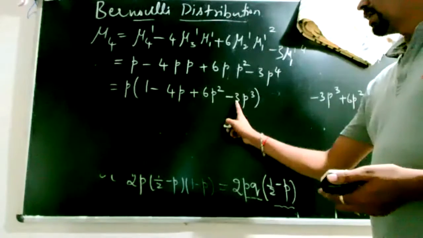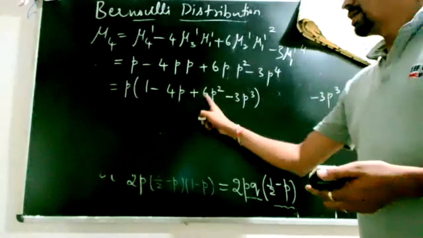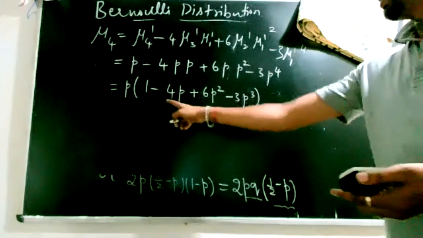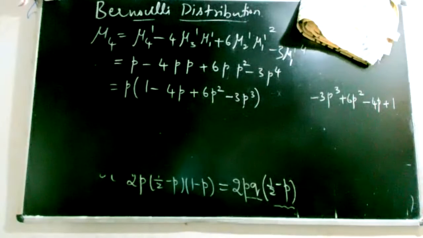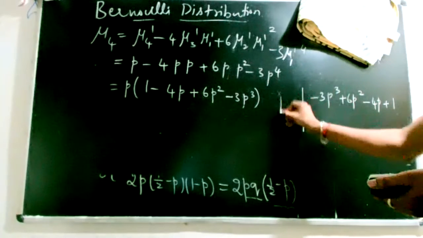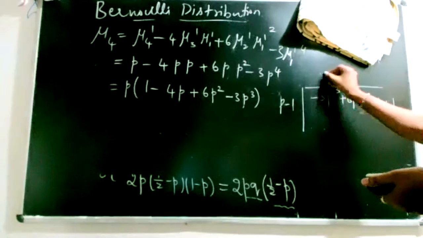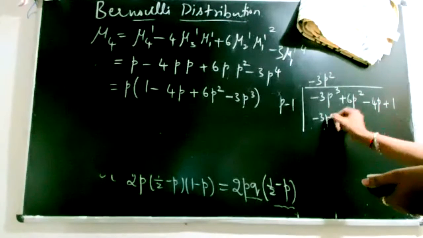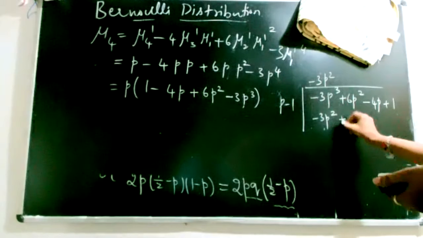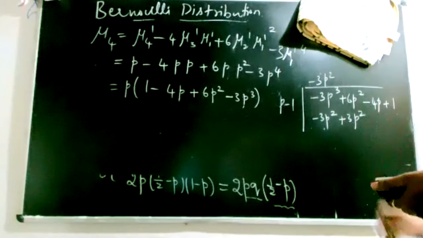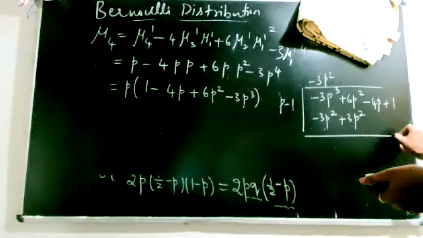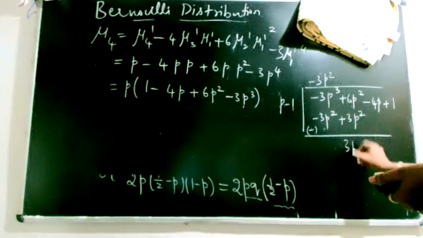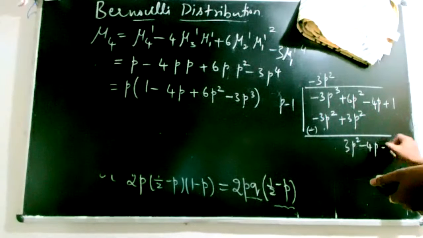So you have minus 4 and minus 3, 7, 1 and 6, which is plus 7. If you put p equal to 1, that satisfies the equation. So p minus 1 is a factor. What you can do is multiply by minus 3p square, so you get minus 3p cube plus 3p square. And when you subtract, you get 3p square minus 4p plus 1.